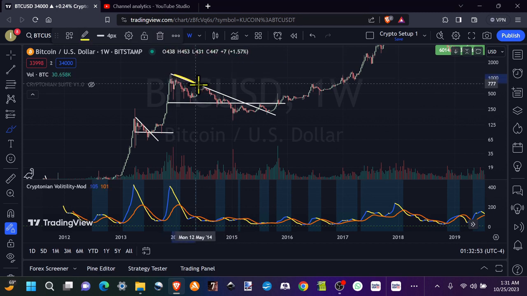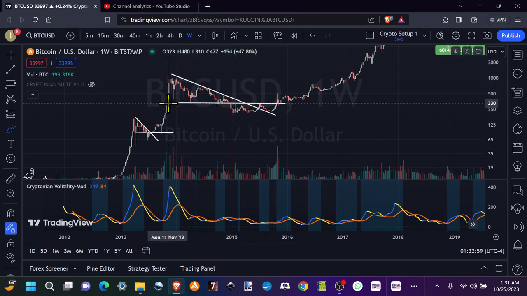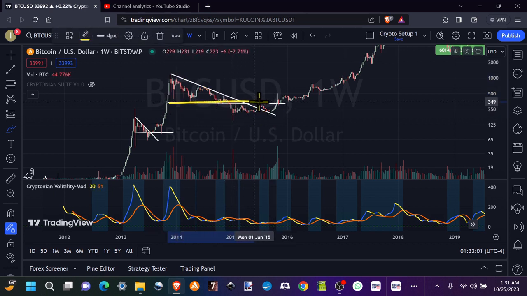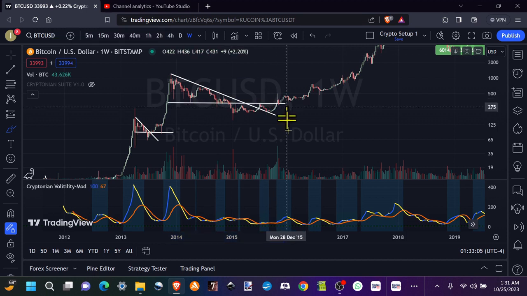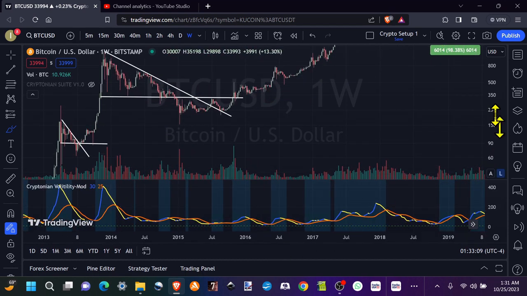One is a break of the descending diagonal line here, and the other is a break in the horizontal line. And there's a third, which I'll explain shortly, but let me explain these lines.